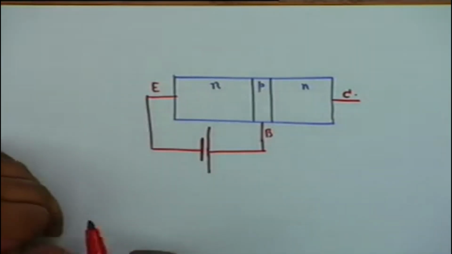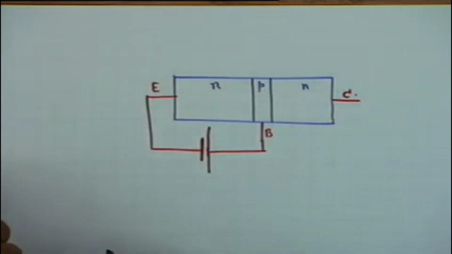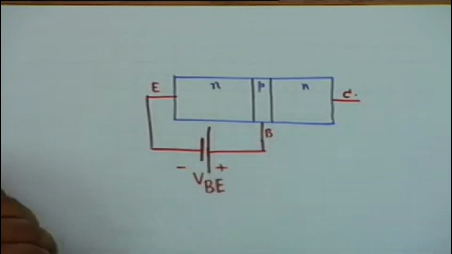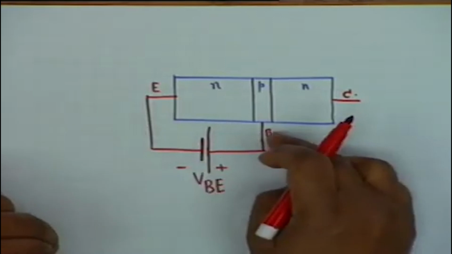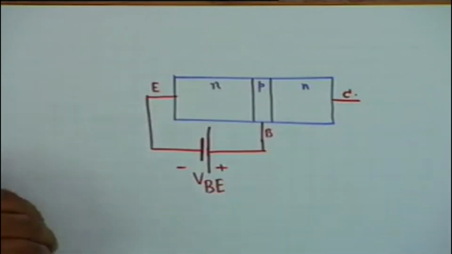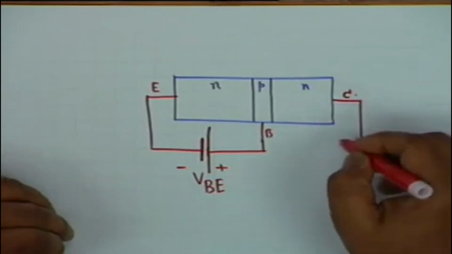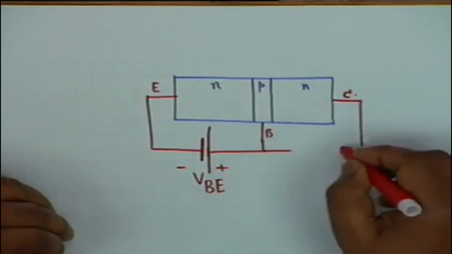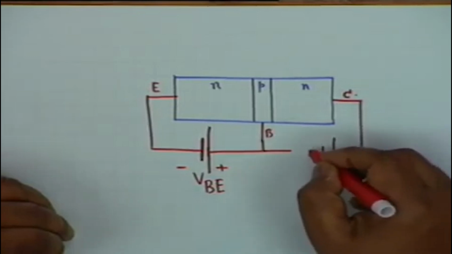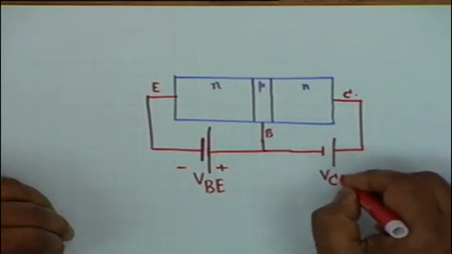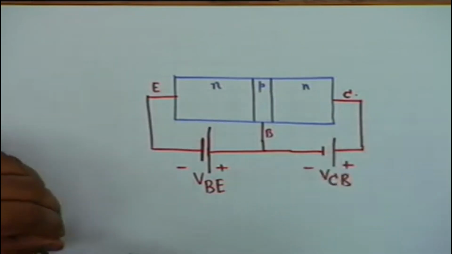The emitter base region V BE: the base is positive with respect to the emitter. This is forward biased. And the collector base region is reverse biased. That means you have this polarity, V CB, plus minus.